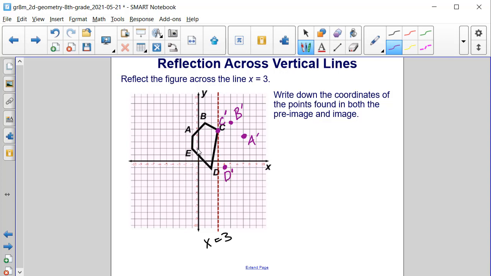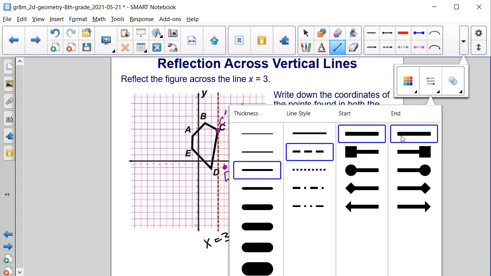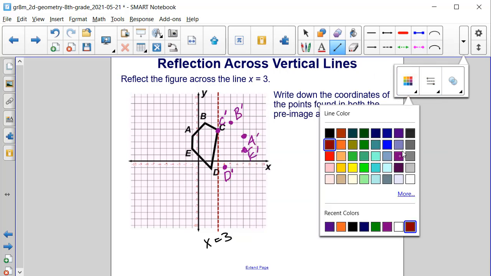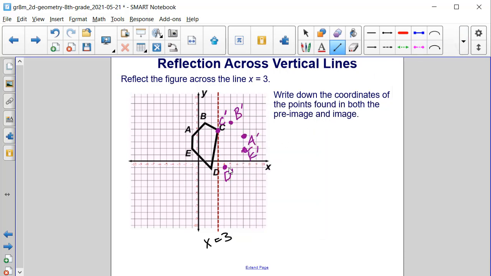And then for E, we have to go 1, 2, 3, 4. So E prime is going to be right here. And then if we connect them, we will get this pentagon.